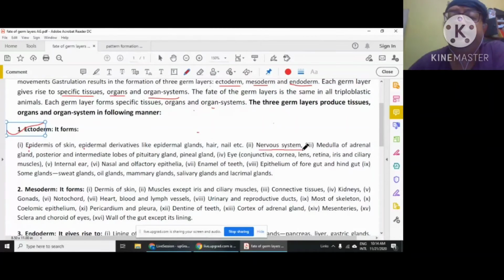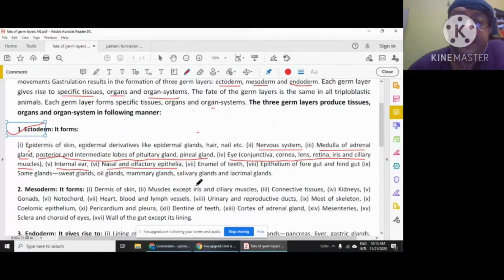Then the medulla of the adrenal gland, the posterior pituitary and the pineal gland. Then the eye: the retina, iris, and ciliary muscle are all made from the ectoderm. The internal ear, and the nasal and olfactory epithelia are made from the ectoderm.